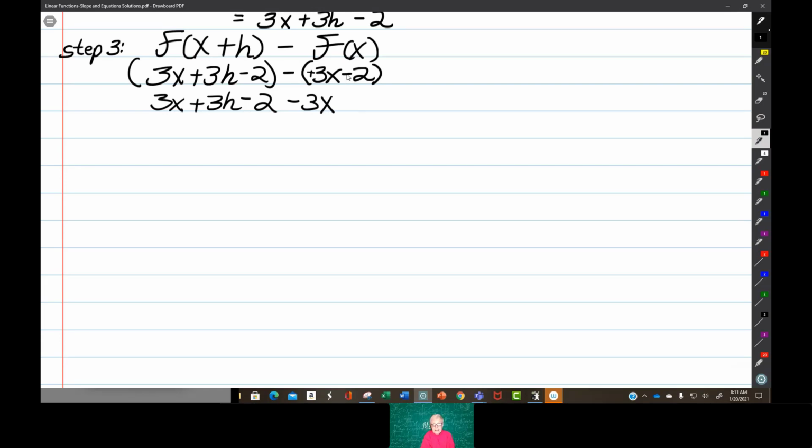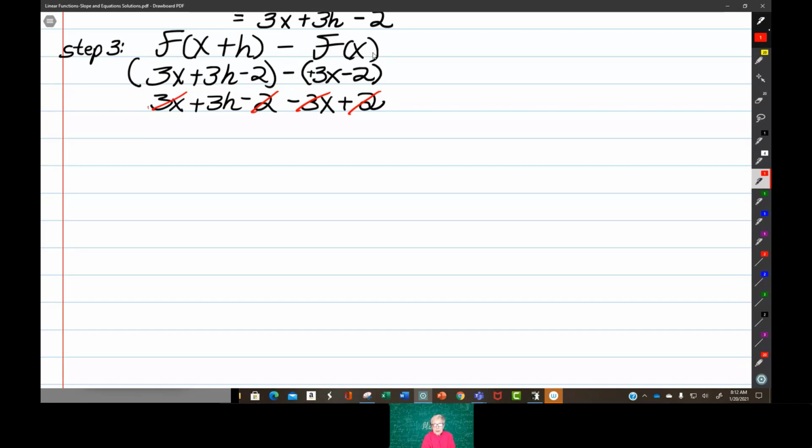Negative times negative is positive. So we'll have plus 2. Okay, so 3x minus 3x. Oh, yes. Next step, combine like terms, but it's not a separate step. 3x minus 3x. You've done this before. That's 0. Negative 2 plus 2 is 0.